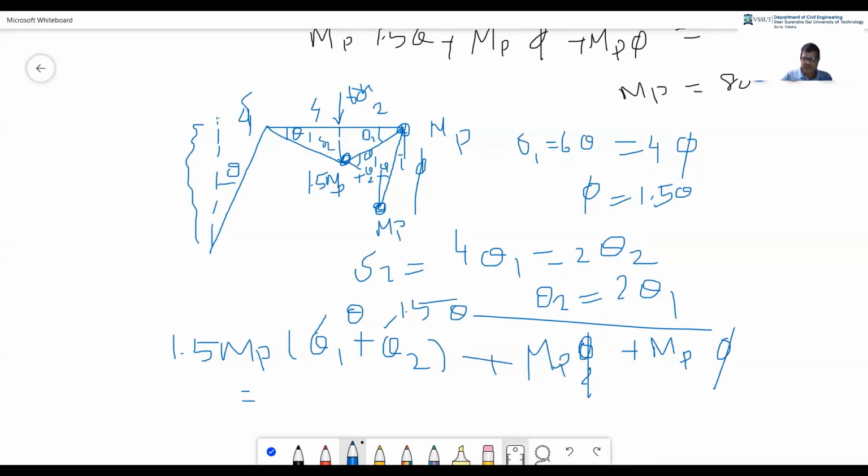So theta plus 2 theta is 1.5 theta, and this is also 1.5.